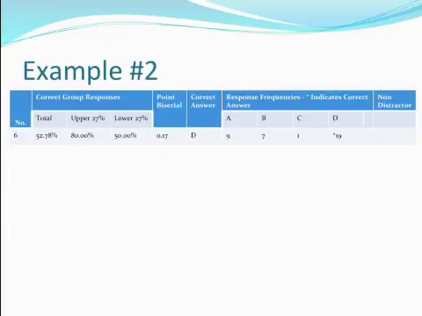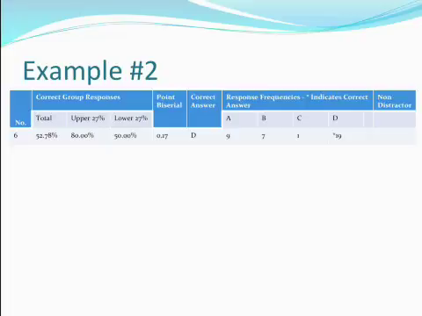Okay, let's do another example. So this is from number 6. In this case, our total percent correct is 52.78. Our p-value is 0.53. That's sort of our ideal number. 80% of the upper 27% of those who scored on this exam got it correctly. 50% of the lower 27% of students got this question correct.